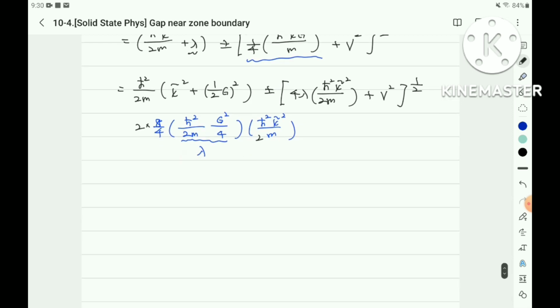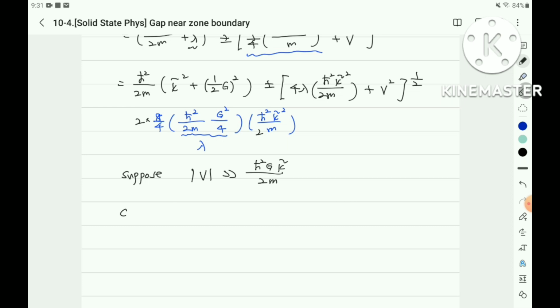Let's suppose that the potential is high enough compared with this term, h bar square g k tilde over 2m, then we can expand this term.